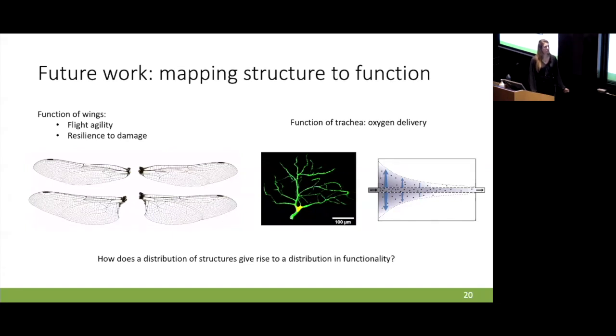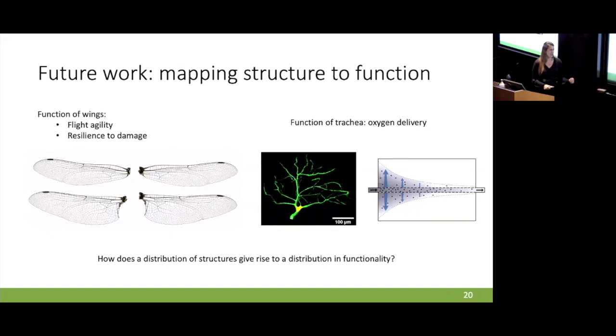And the function of the trachea is much more simple. It's oxygen delivery. Every single cell in the fruit fly needs to be within several microns, say, of one of the tracheal branches.